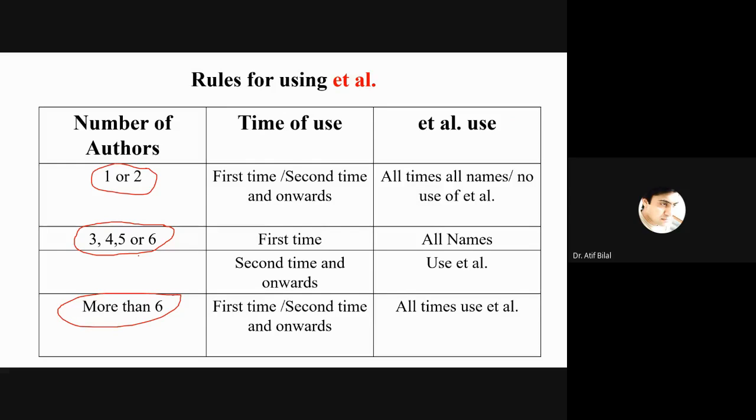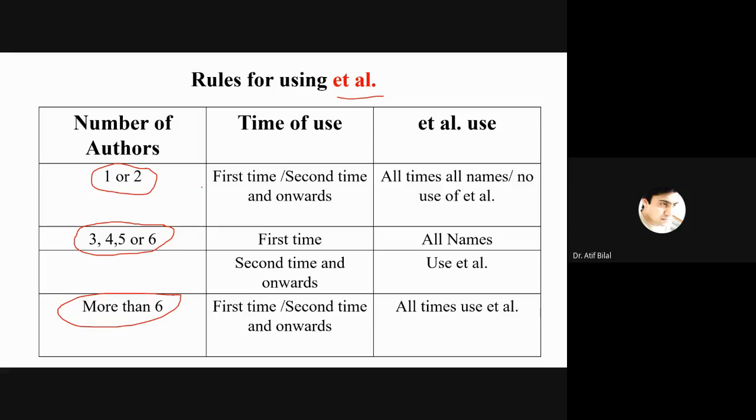These are the 3 criteria through which we are going to use et al. The second thing that we need to understand is when we are using this reference in the paper. For example, within the paper, you might cite the same reference once, twice, thrice, or multiple times because you want to support a sentence or an argument.